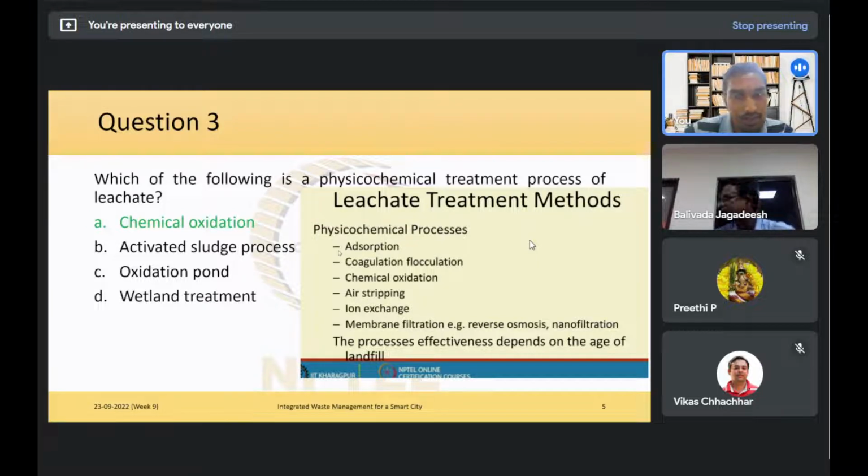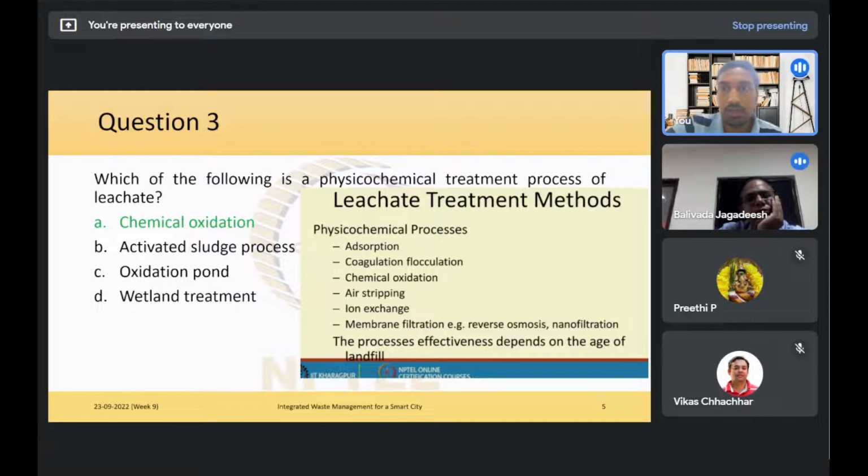So either we use the physical property or the chemical structure to treat the leachate. If it comes under either of these, then it is a physico-chemical process. Whereas the other options listed here, activated sludge, oxidation, and wetland treatment, make use of biological processes, right? So therefore, they do not come under the physico-chemical. Okay, thank you, sir.